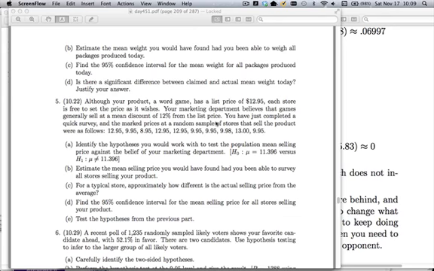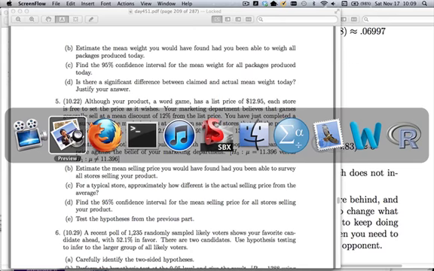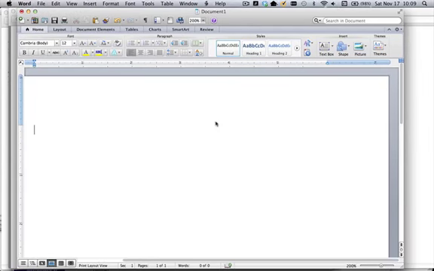So let's start by identifying the null and alternative. I'm going to go over to Word here and do that. So let mu equal the true mean selling price of our game. Now we need to state the null and alternative.